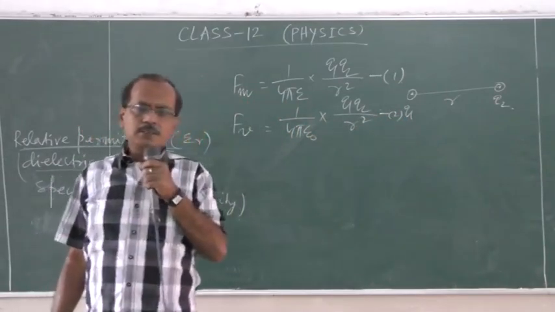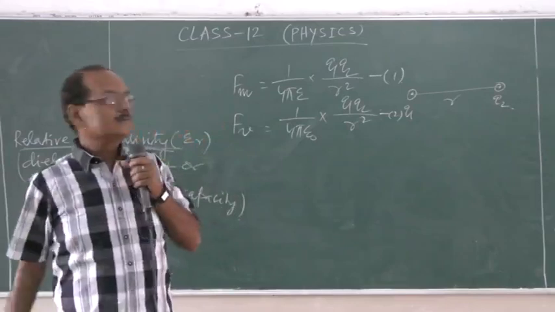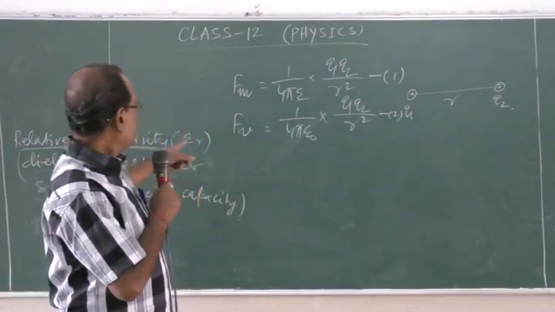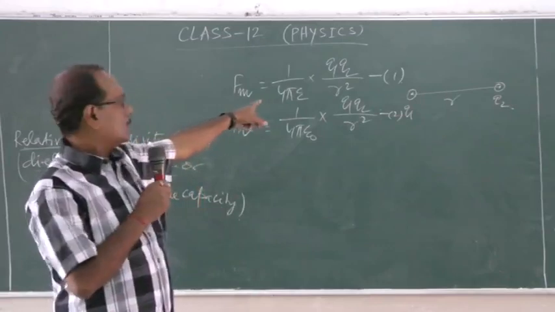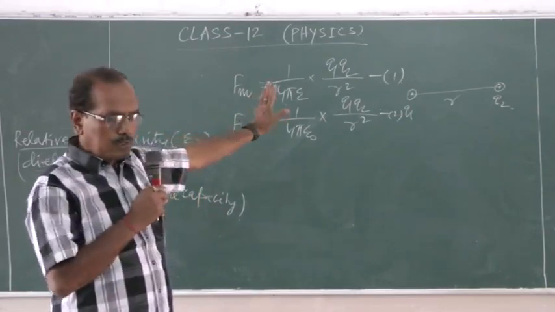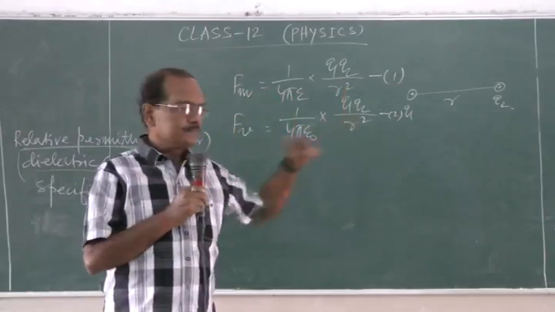So when two charges are kept in vacuum, Fv is equal to 1 by 4 pi epsilon naught into Q1 into Q2 by r square.